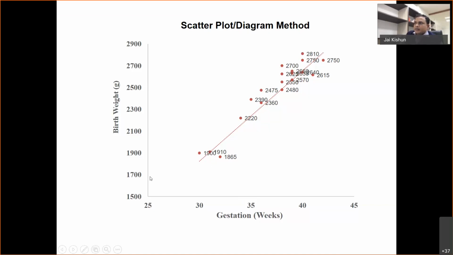When we plot a scatter plot, we get these dotted points. You can also plot these numbers. Basically, this shows a kind of relationship. Which type of relationship is this? We have discussed that if both are increasing, then it is a positive relationship.